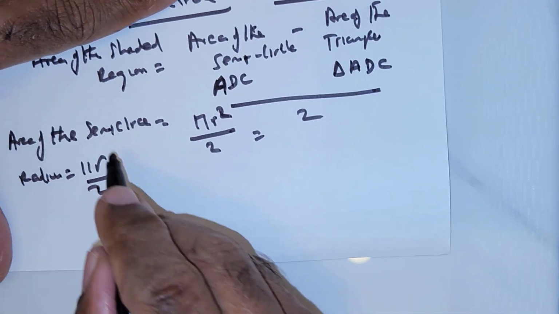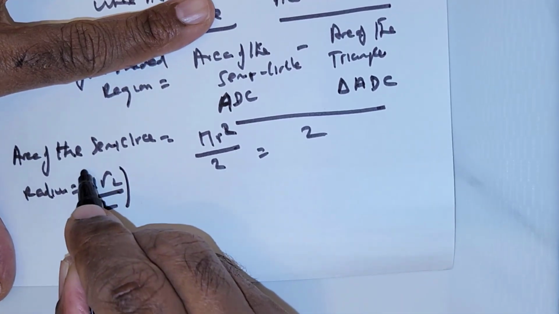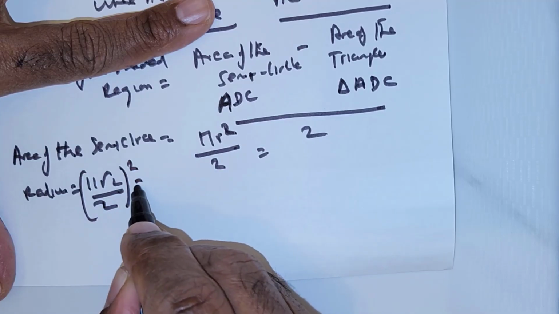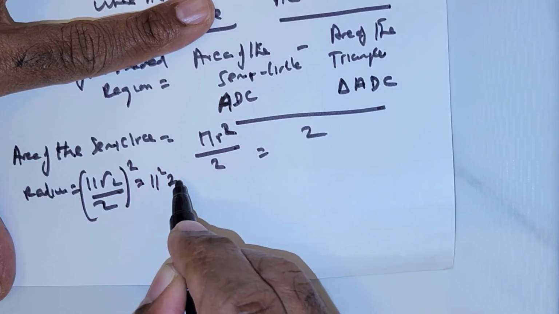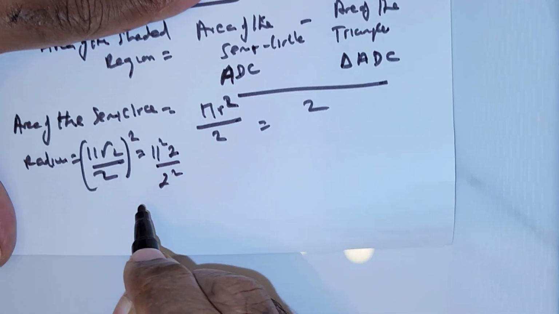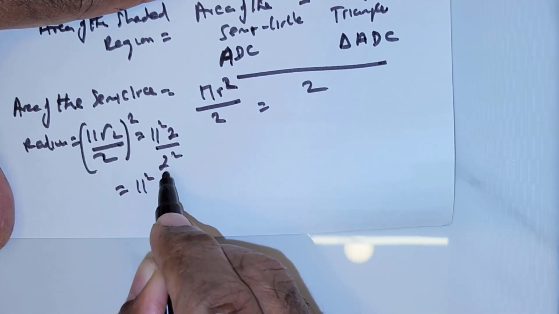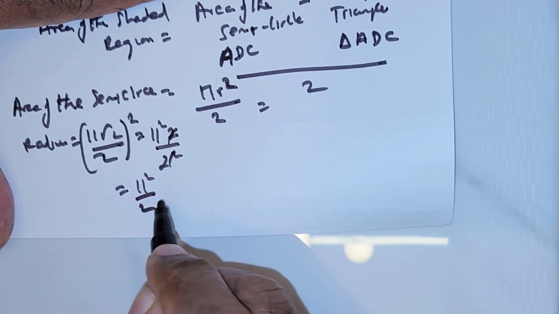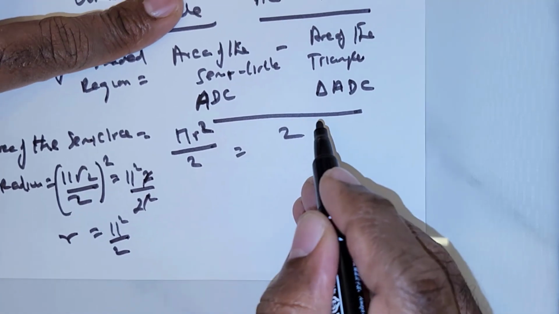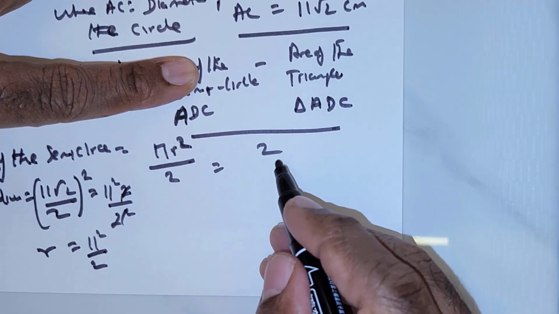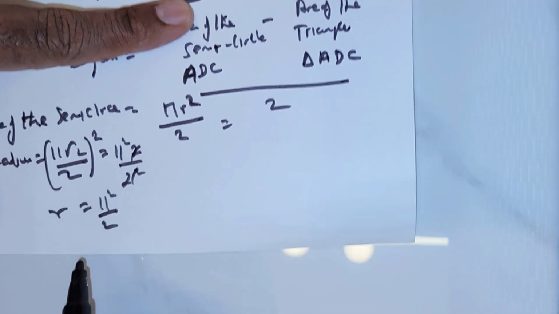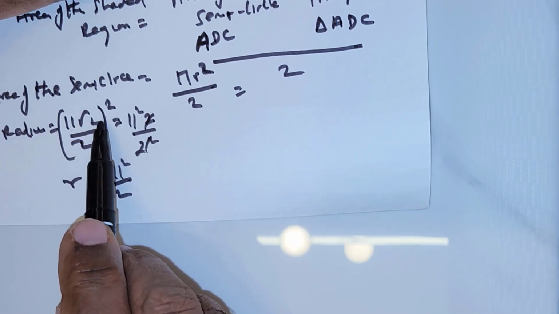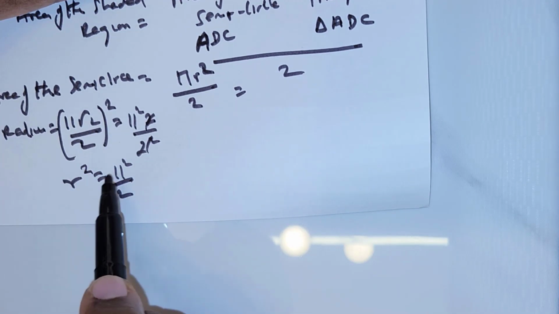So this has to be squared, right? If you square this, you get 11 squared times 2 divided by 2 squared, which is 11 squared over 2.